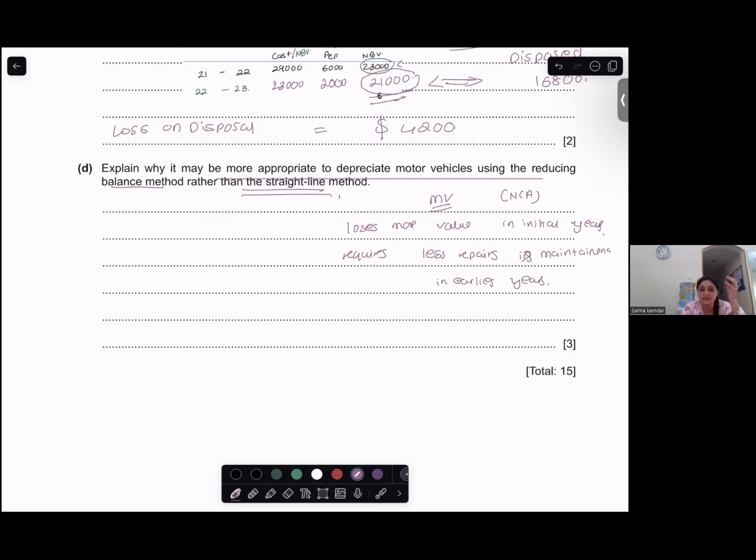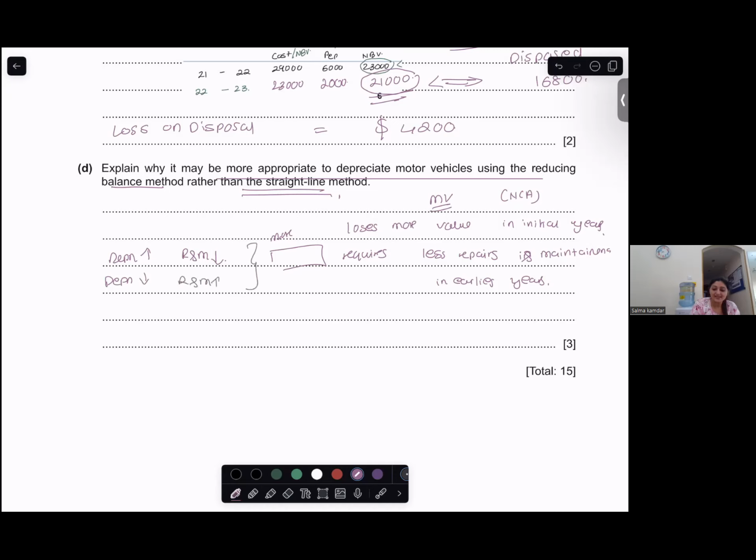So in the earlier years, you can charge more depreciation because your depreciation expense would be more and repairs and maintenance would be less in the initial years. So you charge more to match the income with the expense. In the later years, your depreciation reduces, but your repairs and maintenance increase.